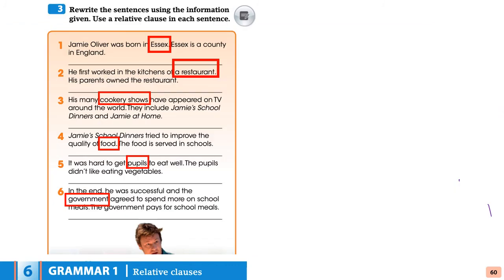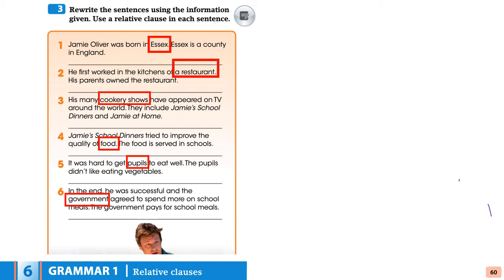So let's go for the last one, exercise number 3, page 60. Rewrite the sentences using the information given, and you have to use a relative clause in each sentence. I have already marked for you the most important words so that they may help you to write your own relative clauses. Okay?